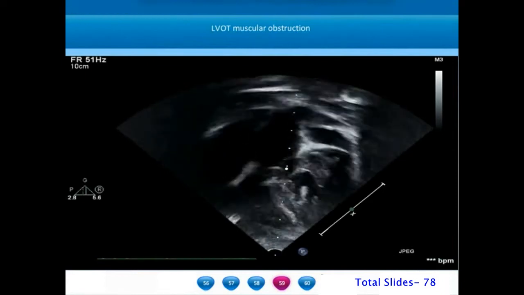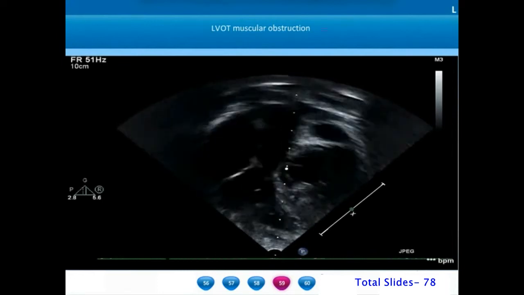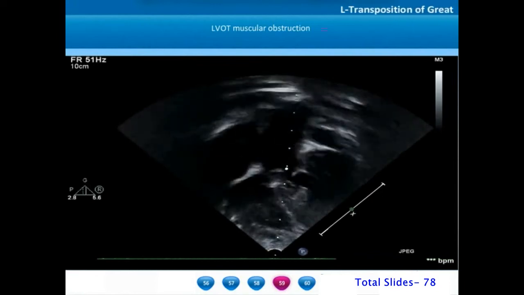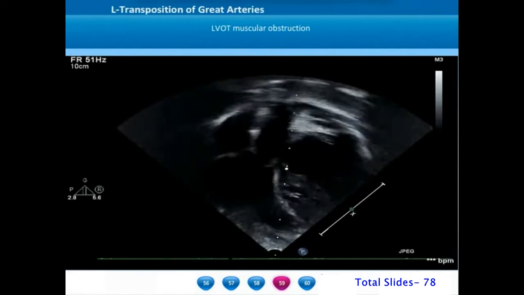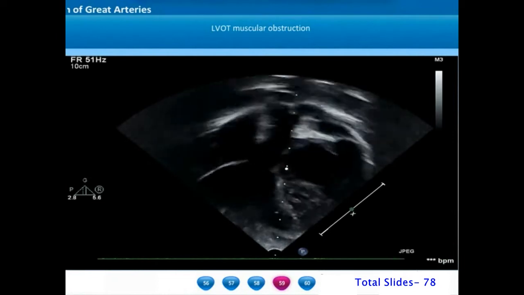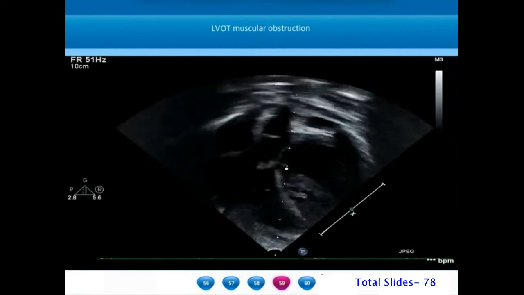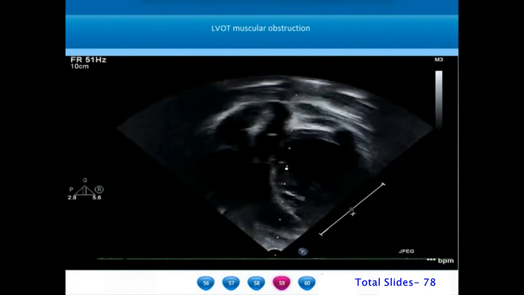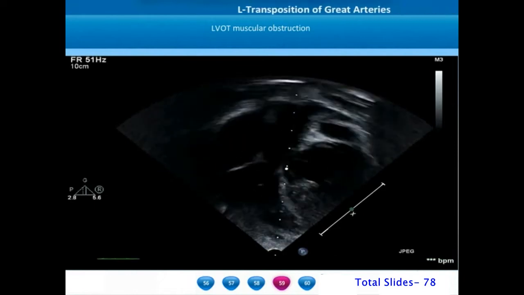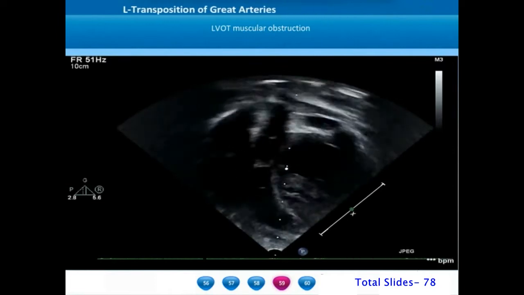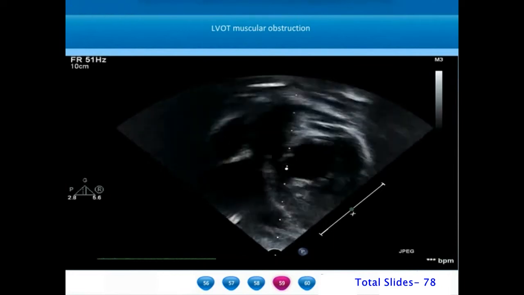So the various reasons for left ventricular outflow tract obstruction in the setting of corrected transposition can be accessory mitral AV valve tissue which protrudes into the left ventricular outflow tract, accessory tricuspid valve tissue that protrudes through the ventricular septal defect into the subvalvular left ventricular outflow tract, anomalous attachments of the mitral valve to the interventricular septum, discrete subvalvular muscle bundles in the left ventricular outflow tract, narrowed pulmonary valve annulus and doming pulmonary valve.